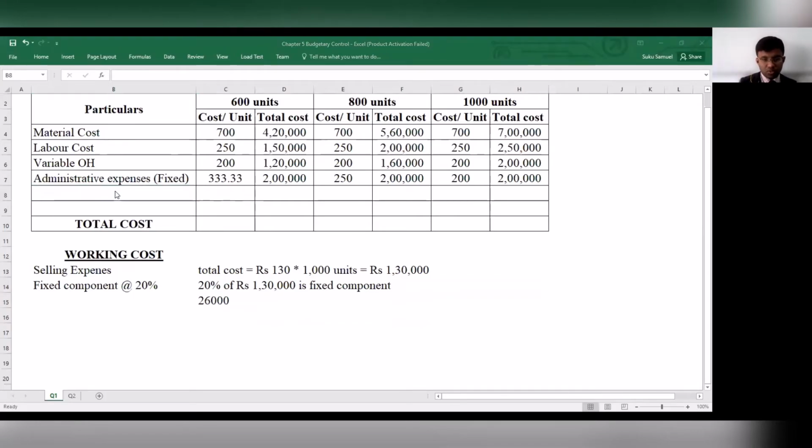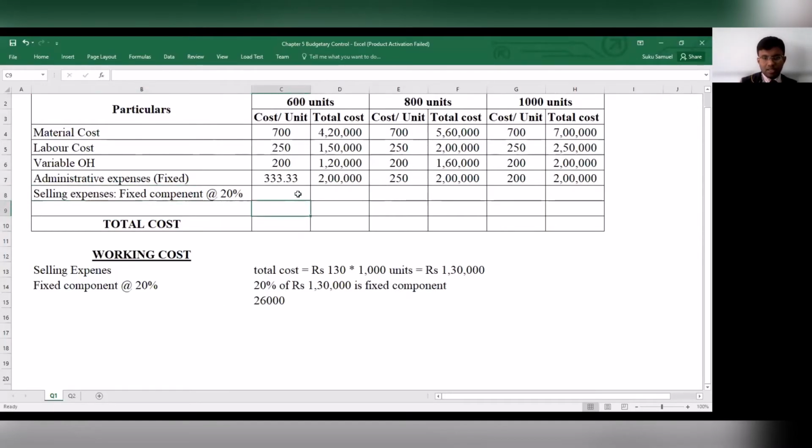So let me just quickly work this out. Selling expenses has got two parts. Since it has got two parts, I will have to show this separately. Fixed component at the rate 20%. Now remember, this is 26,000.